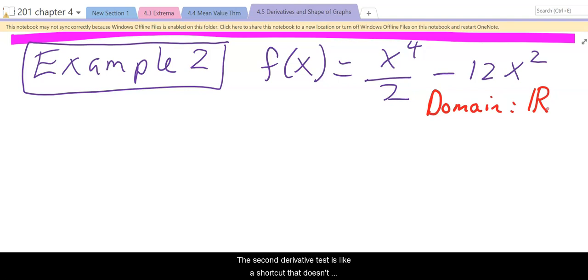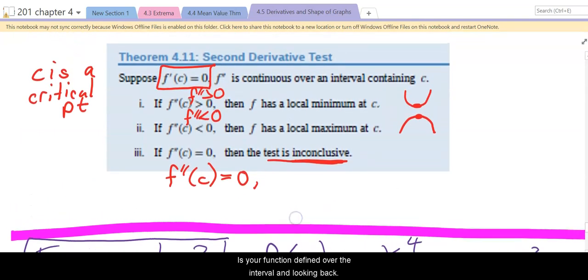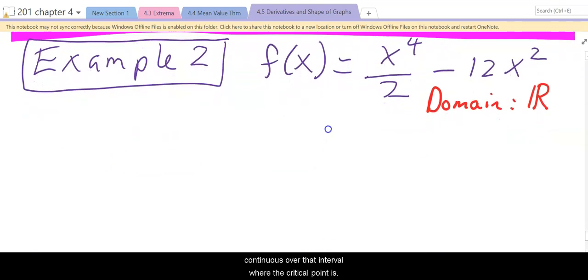The second derivative test is like a shortcut that doesn't require you to analyze increasing, decreasing, or concavity to determine whether or not you have a relative extrema. The second derivative test says, is your function defined over the interval, and looking back, do you have critical points, and is the second derivative continuous over that interval where the critical point is?